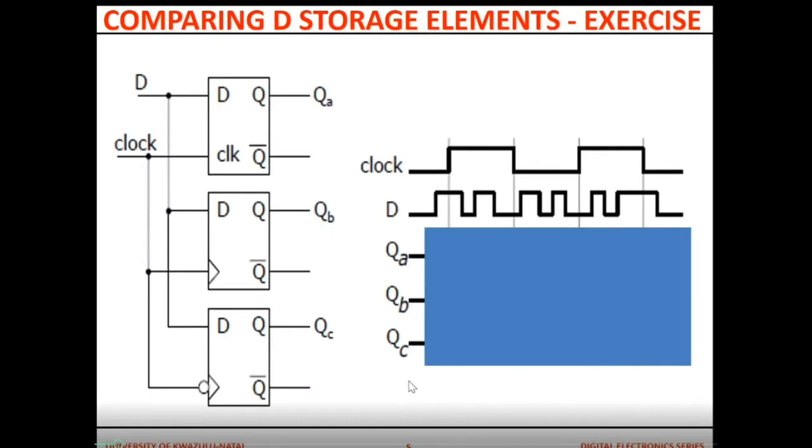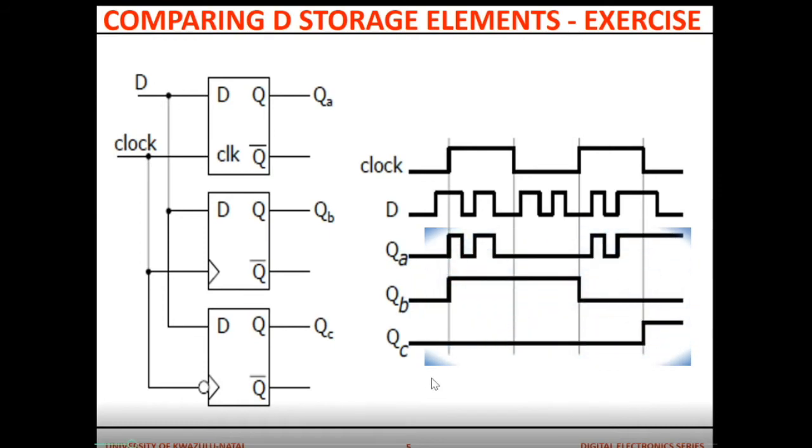Now, as a class exercise, this is what you are expected to do. This is the first thing that will show you understand what a D latch with control is and what a D flip-flop is. This is not done in class, but note that this is what you should get as your answer.